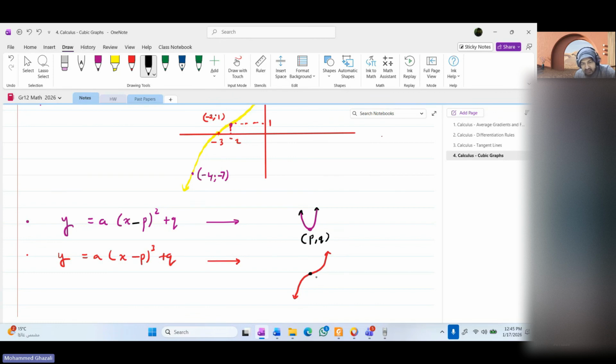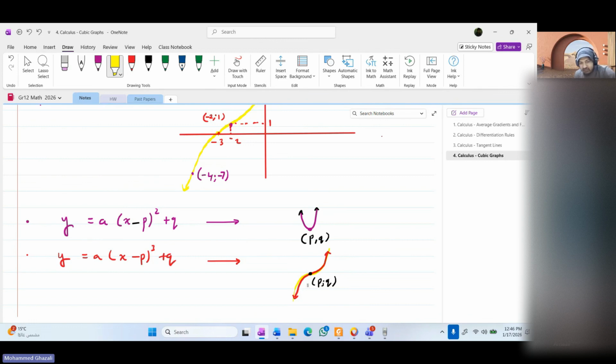So what's the concavity change here? P and Q. See, this part here is concave down, right? And this part over here is concave up. So this is a happy part, half happy and half sad. So it represents a concavity change.